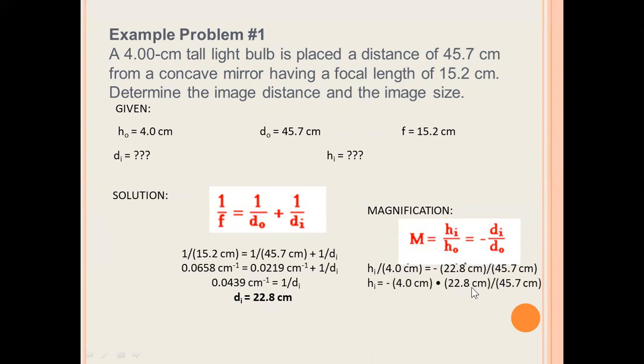If we cross multiply 4 centimeters to the other side of the equation, this gives us negative 4 centimeters times 22.8 centimeters divided by 45.7 centimeters. Further simplifying gives us the height of the image at negative 2 centimeters. So why is it negative? It is negative because the formed image is an inverted one.